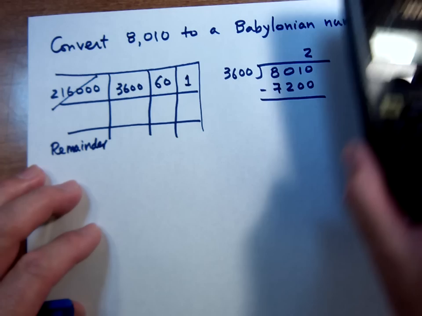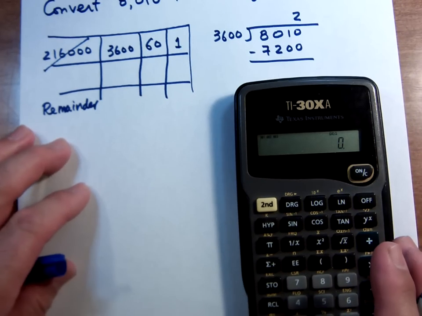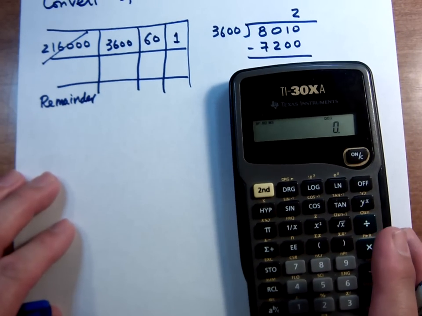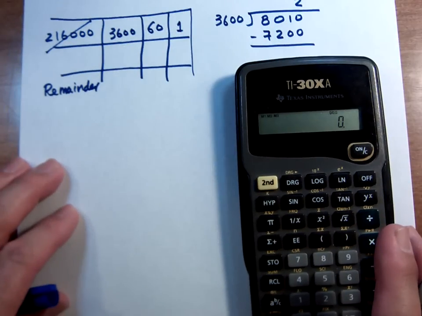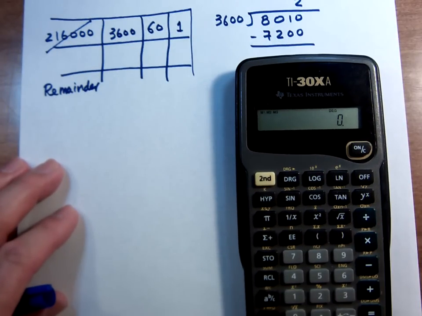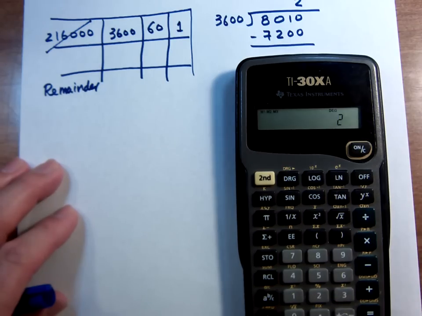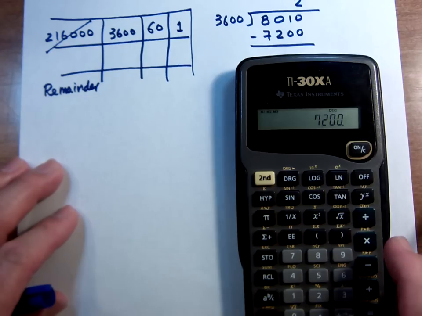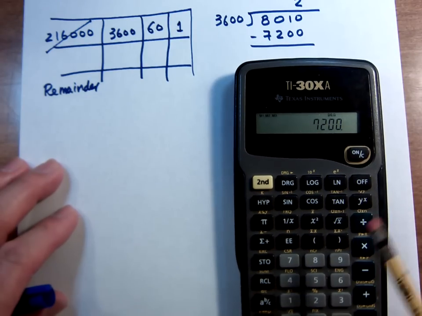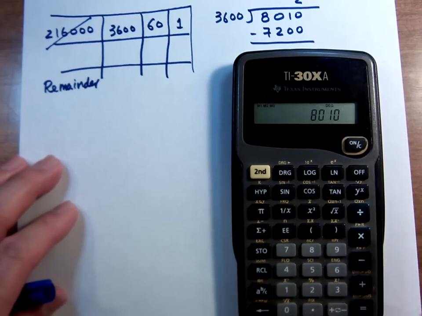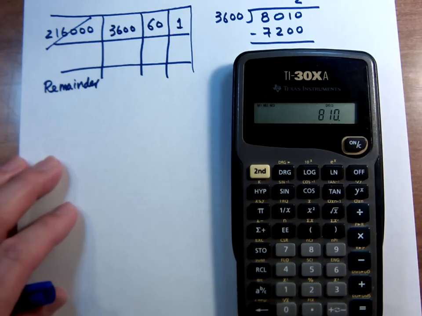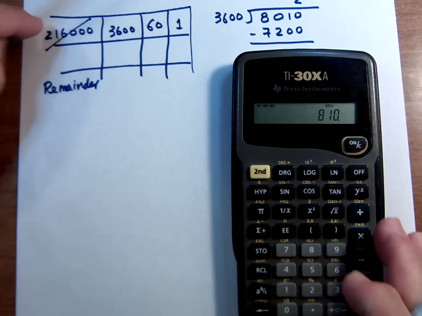Let me pull out a calculator. Let's just verify first. So again, 3600 times 2 is equal to 7200, and we need to subtract that from 8010. 8010 minus 7200 gives us the difference of 810.